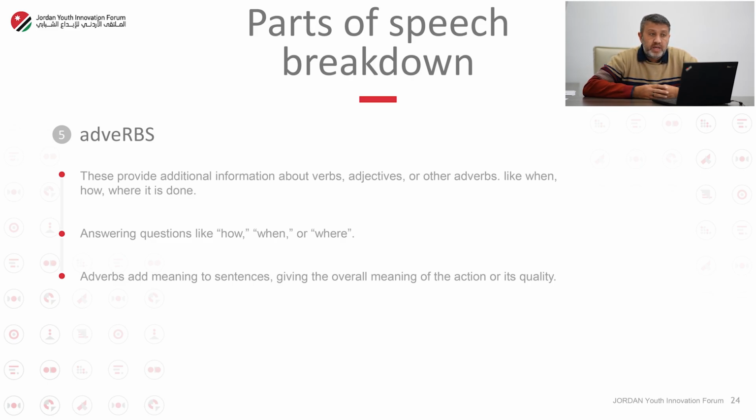Also, they talk about the quality in a sentence, okay? For example, she sings beautifully. She sings amazingly, okay? So these are adverbs, they describe other verbs or adverbs or adjectives, and they add, let's say, a beautiful side to the sentence, okay?